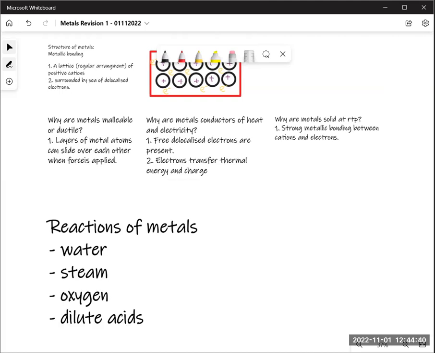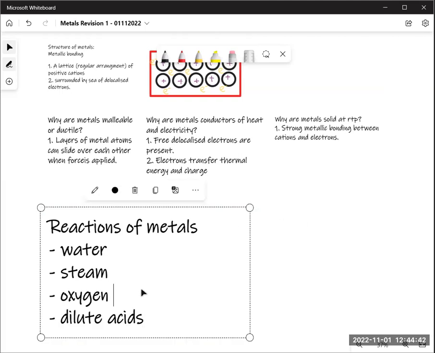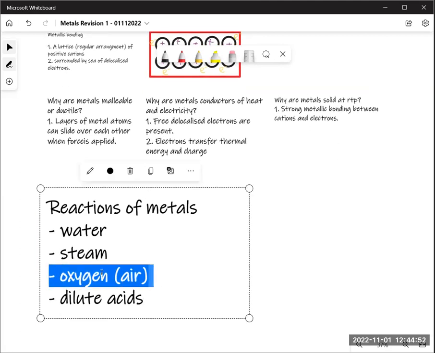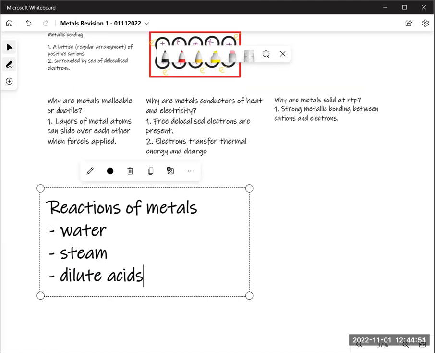That's all you have in your syllabus. Oxygen is basically air, but it doesn't react with nitrogen in the air, it reacts with oxygen in the air. So we'll look at these in a second. Let's first start with the first one.